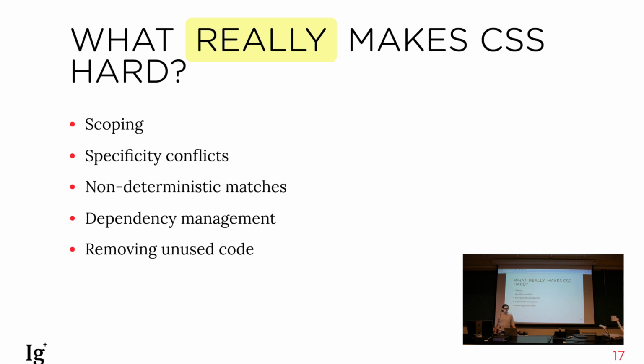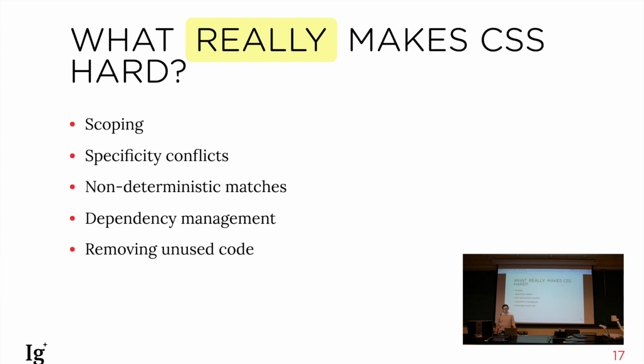it will be fine. But what really makes CSS hard, and there is no obvious answer to that, is the design of CSS and how we apply it to reality. So basically CSS was designed without any scoping. We will go through all the points, it's just an introduction. So there is no scoping, and there are specificity conflicts in CSS, non-deterministic matches.